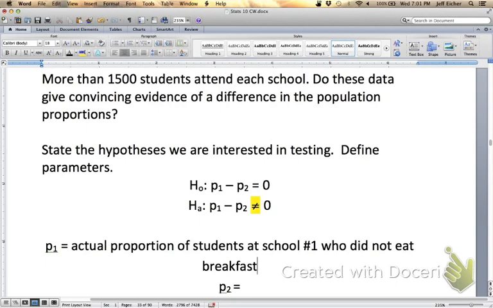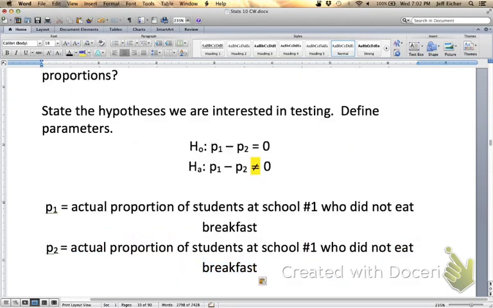But the parameter is the actual proportion of students at the first school who don't eat breakfast. And then the second proportion is like unto it. Just change this to be the second school. So we want to know if the actual proportion of students who eat breakfast is different between the two. To determine that, we'll do a significance test, but hopefully that's enough practice writing hypotheses. So let's move on to more detailed information.